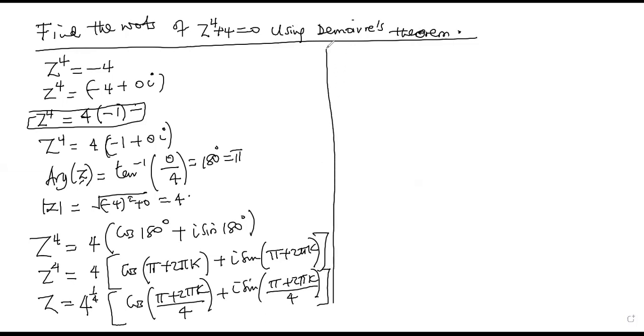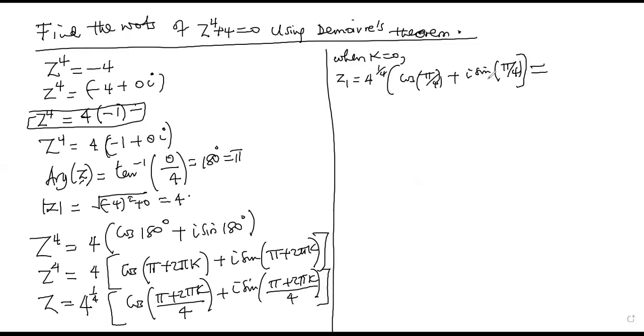So now I bring in the values of k. When k is 0, we shall have our z1 as 4 power quarter into cos pi over 4 plus I sine pi over 4, because k is 0, so we don't have this part.